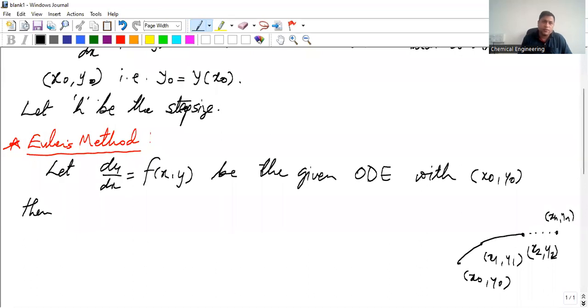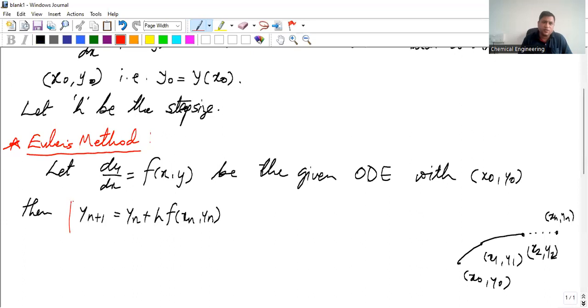So here we approximate the n plus 1th value of y using the previous value, that is yn, plus h times f of xn and yn.